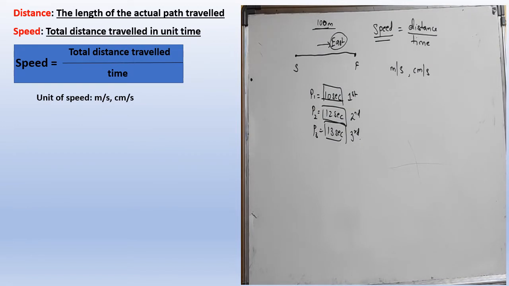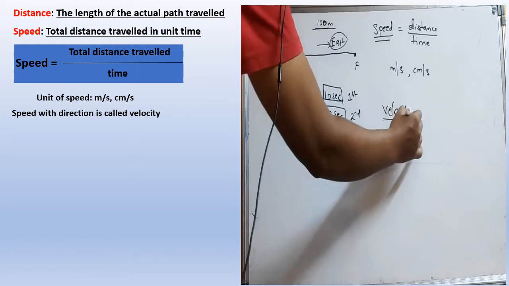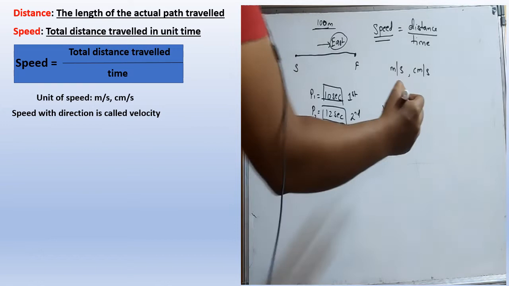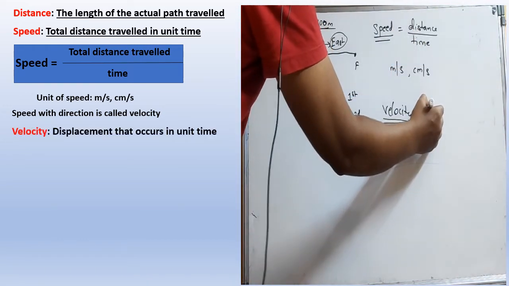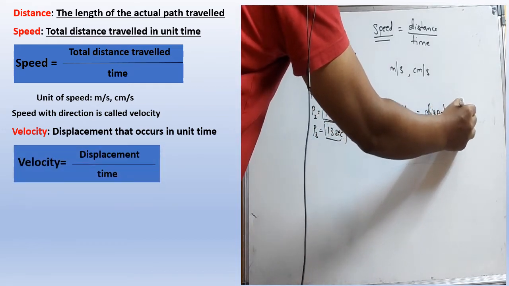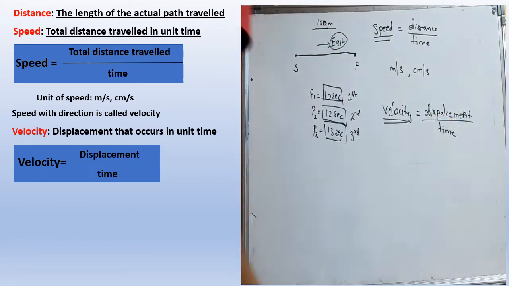Now when you add direction to speed, it becomes a vector quantity. Speed with direction is called velocity. Here speed is distance upon time, and velocity is displacement occurred per unit time.